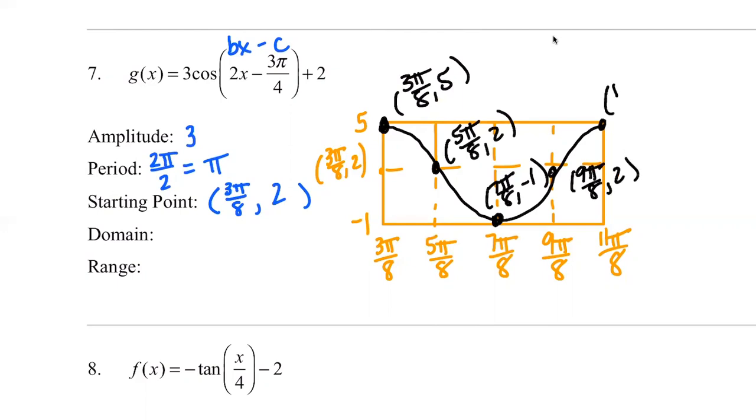And 11 pi over 8, 5. We have a domain of all real numbers, and our range is going to stretch from negative 1 to 5. Remember, our frame helps us with that.